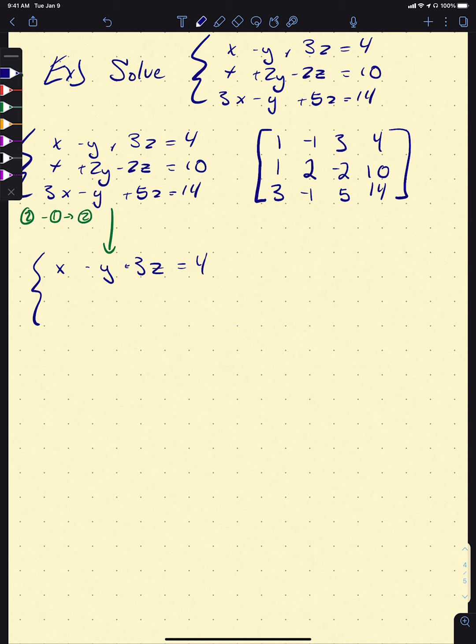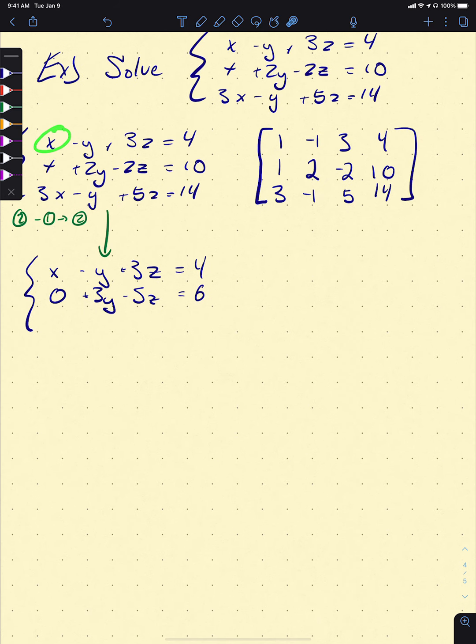And so when we do that, we're going to have 0 x's. 2y plus 1y is going to be 3y. And minus 2z minus 3z is minus 5z. And it looks like 10 minus 4 is 6. To get this one to go away, what do I need to do? Well, I would need to multiply row 1 by -3. So I'll write that one over here.